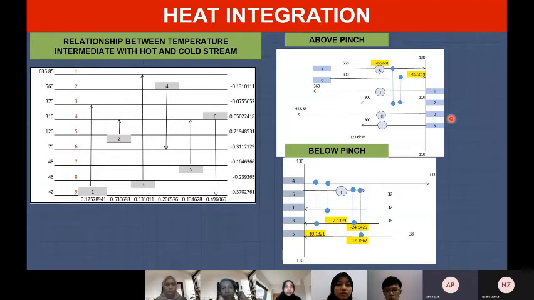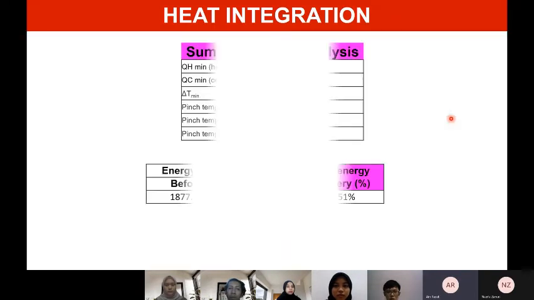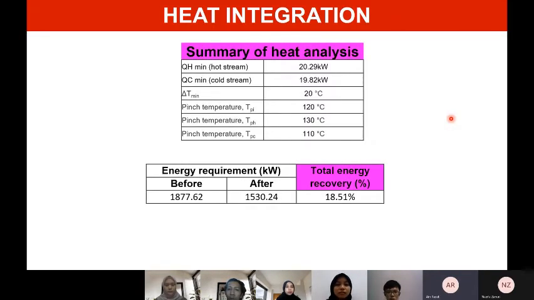This is our heat integration analysis. We have 4 cold streams with 2 hot streams. We use the table problem method in this analysis. Here is the pinch point analysis for above and below stream. Minimum heat load for the hot stream is 20.29 kilowatt, while minimum heat load for the cold stream is 19.82 kilowatt.